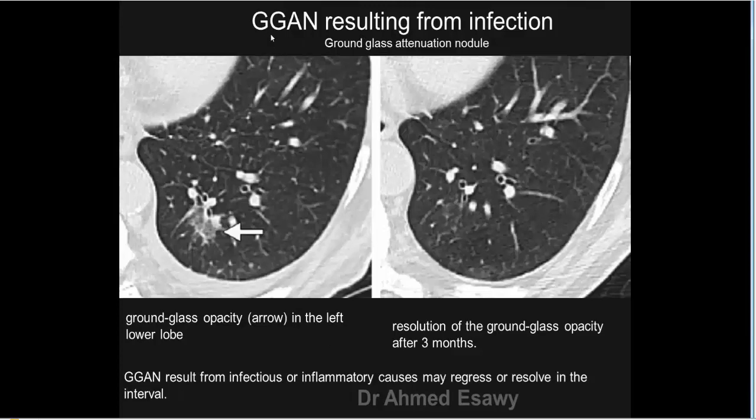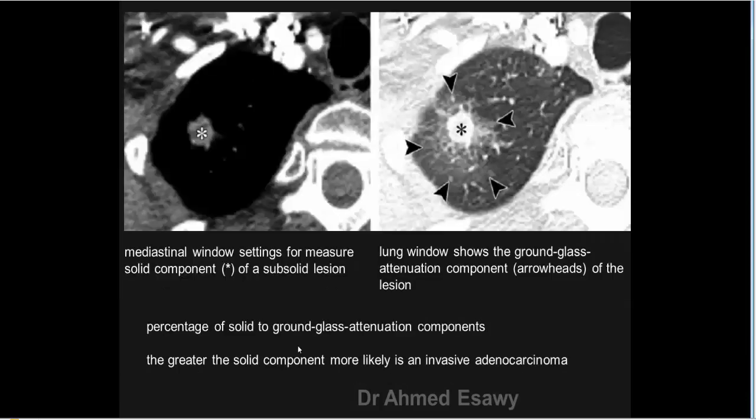This is a ground glass attenuation nodule, GGAN, resulting from infection, in the left lower lobe, with resolution of the ground glass opacity after 3 months. Ground glass attenuation resulting from infectious or inflammatory cause may regress or resolve in the interval.